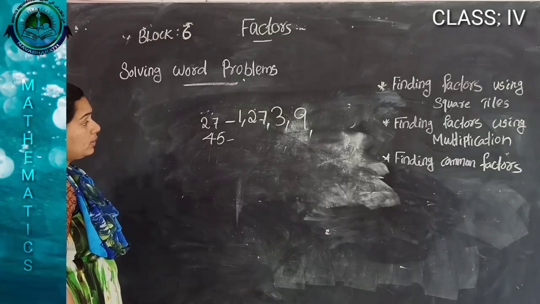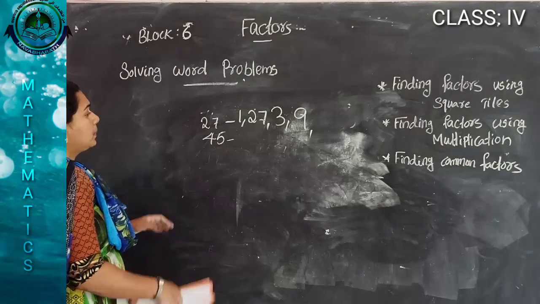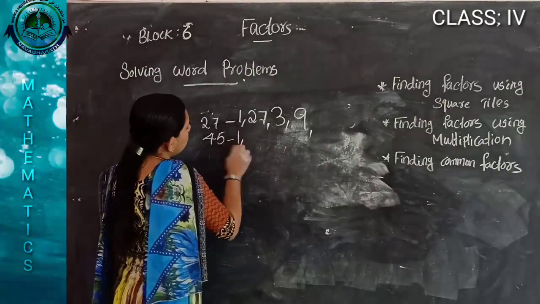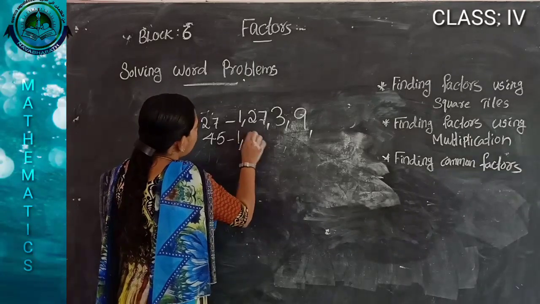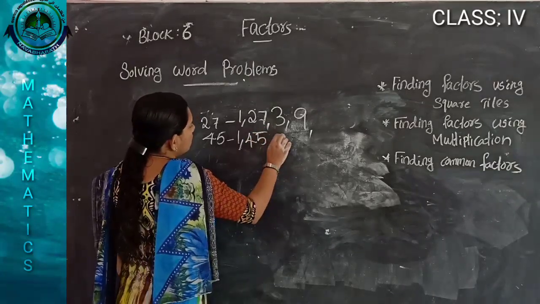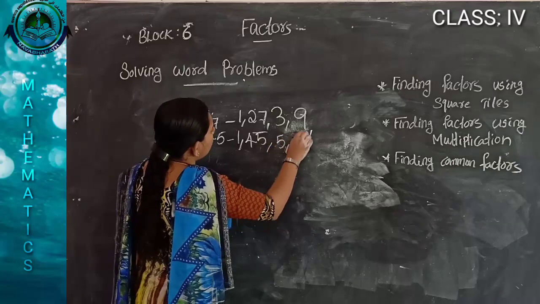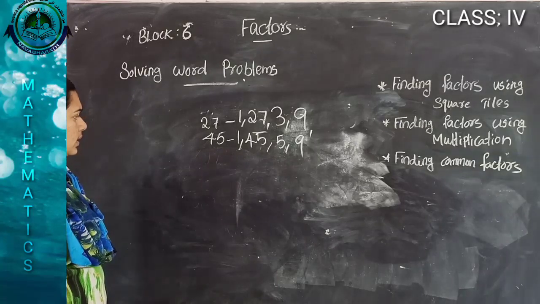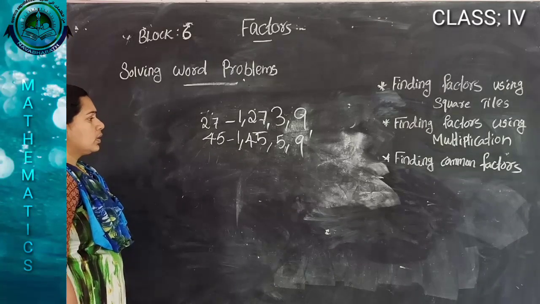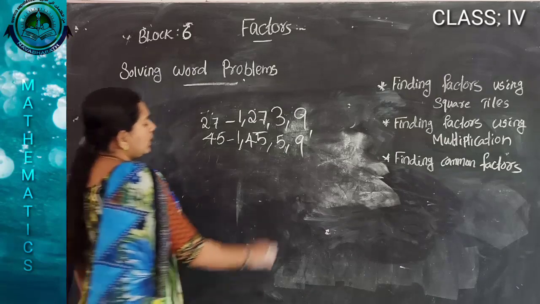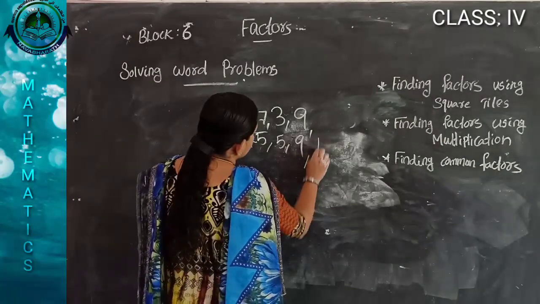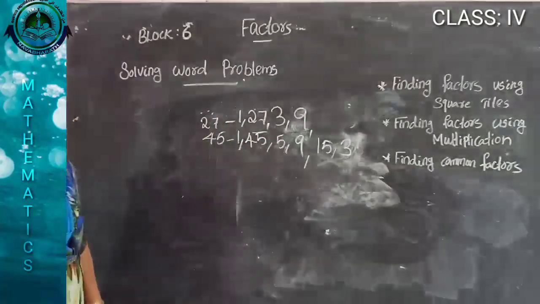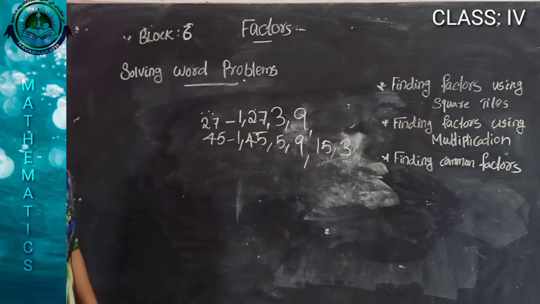Then 45: 1 into 45, 5 into 9, 45. Then any other cases? 15 into 3, 45.